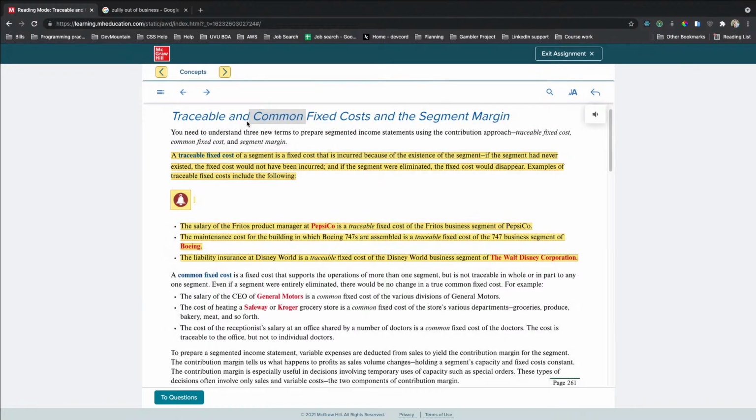You need to understand 3 new terms to prepare segmented income statements using the contribution approach. All right, let's write these down. Traceable fixed costs. Common fixed cost.